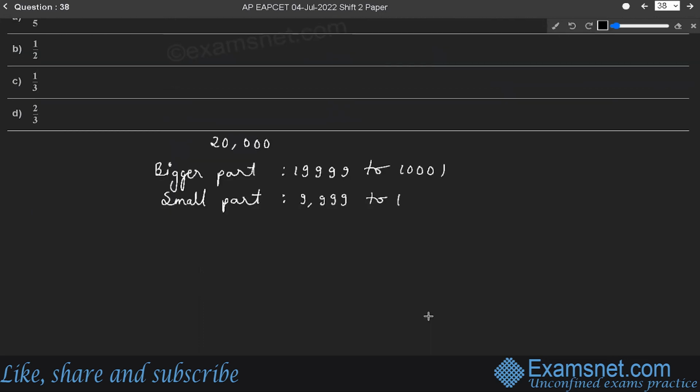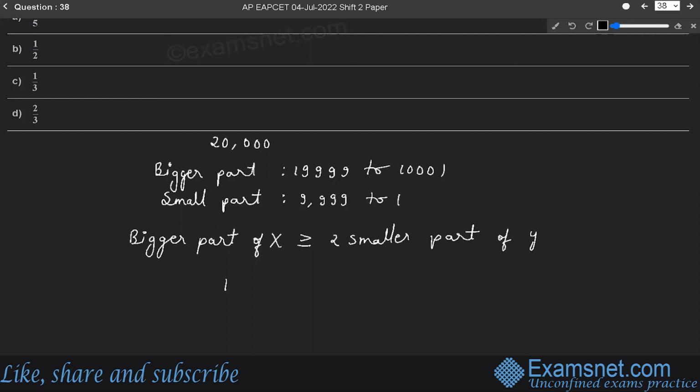But we know that the bigger part is obviously for X because X gets more. So X is greater than or equal to 2 times the smaller part of Y. Yes, we can say that it can be greater than or equal to 2 times the smaller part of Y.